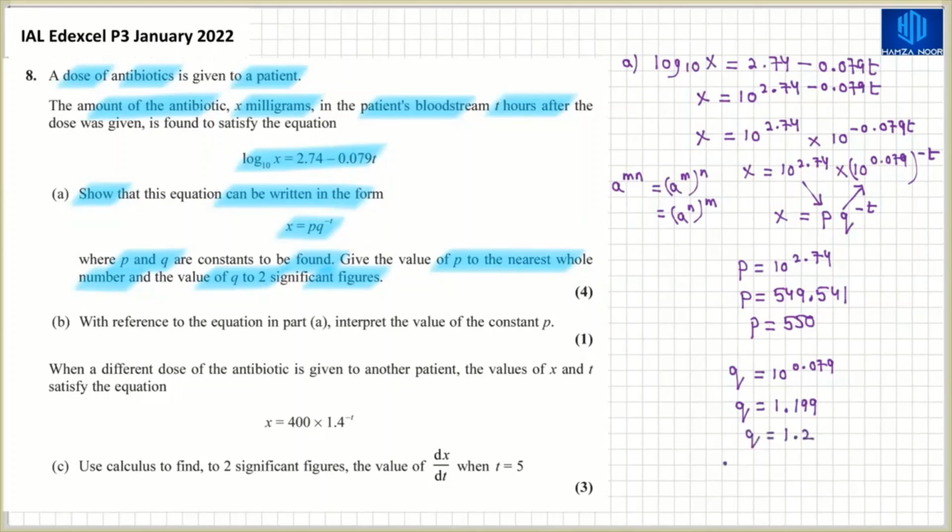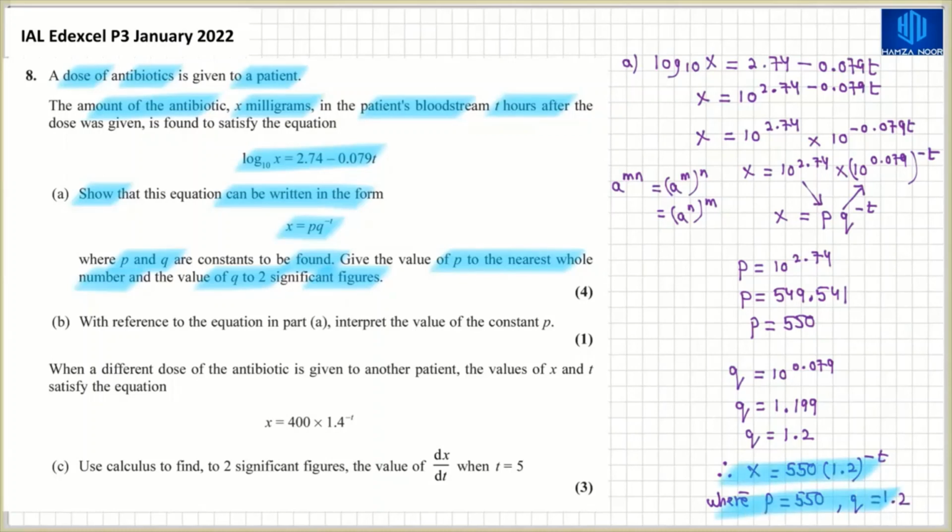So therefore, according to the requirement, x equals 550 multiplied by 1.2 raised to the power minus t, where p equals 550 and q equals 1.2. This is our answer to part A.